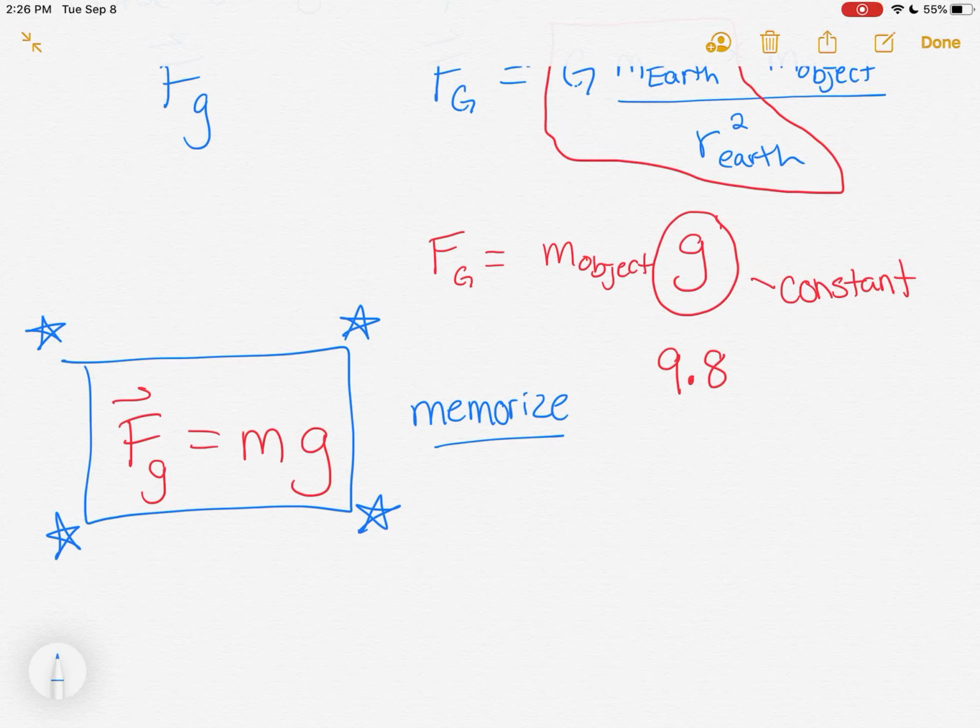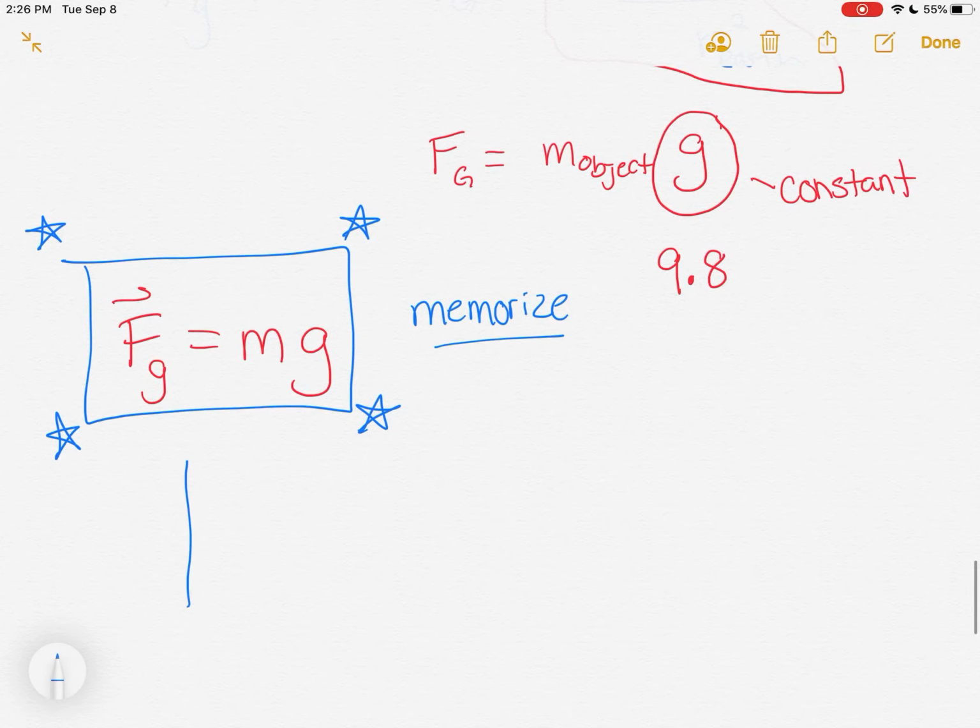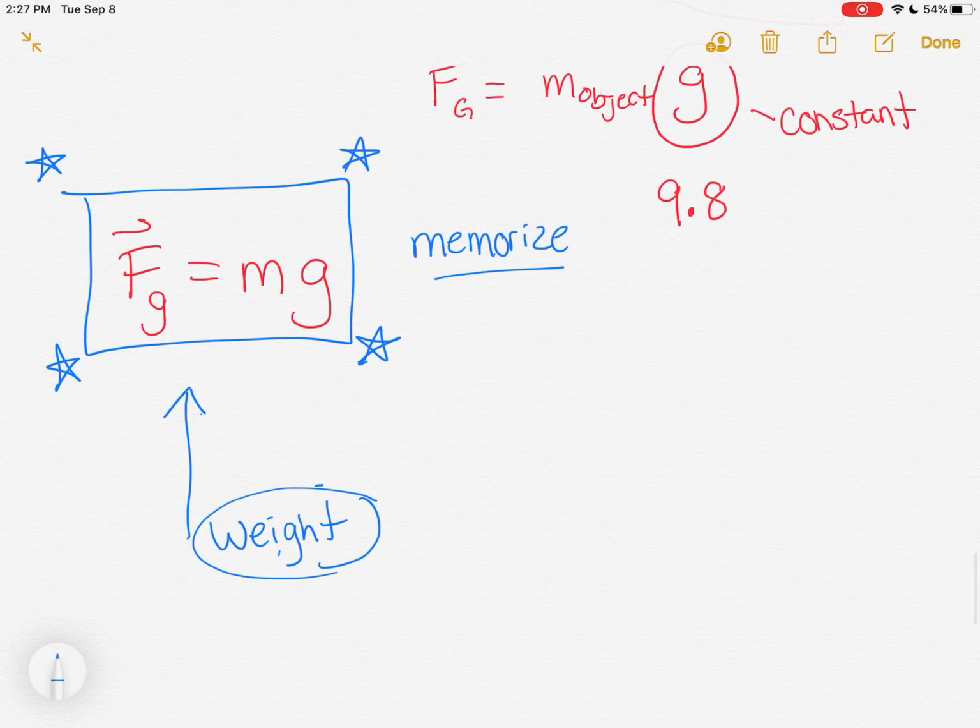Okay, now we can also call this something else. The force of gravity can also be called weight, okay? So you might have heard this before. When you go to space, astronauts are weightless. That doesn't mean they don't have mass. It means they don't have weight, okay? There is a very large misconception between mass versus weight.